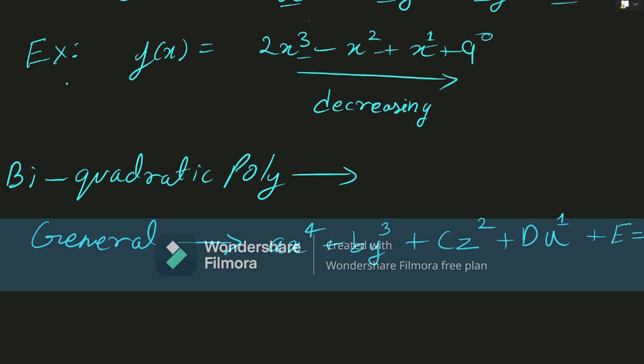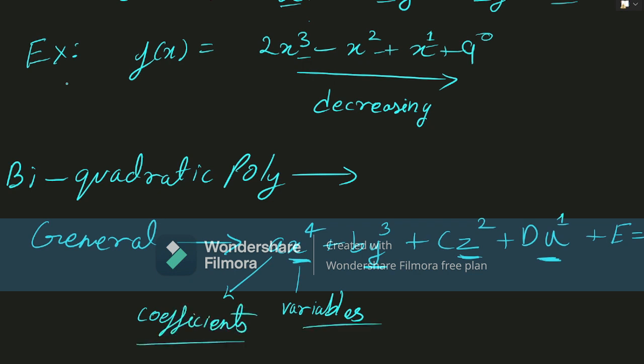Okay, now here z, u, y, x, all of these are variables, don't get confused, and the numbers above it are coefficients. Now you can see this is also in decreasing order. So this is how it will be in general form.